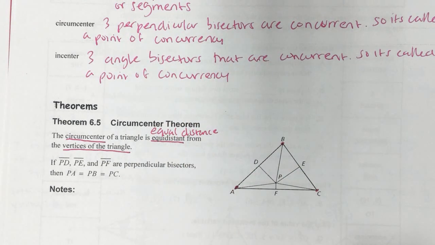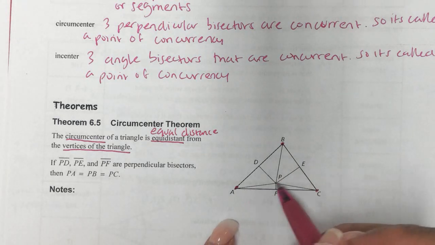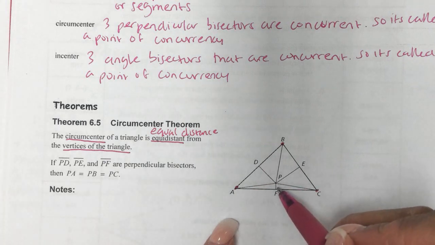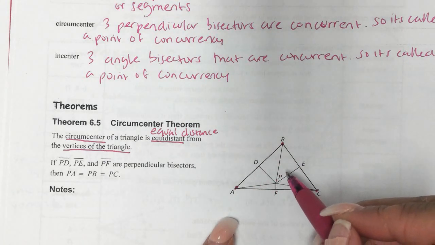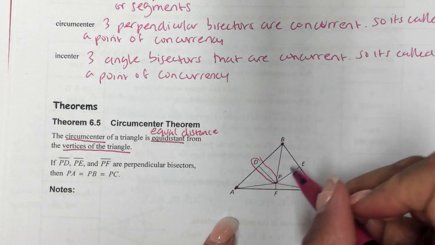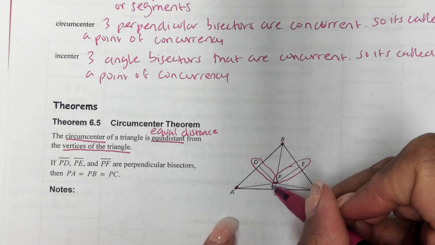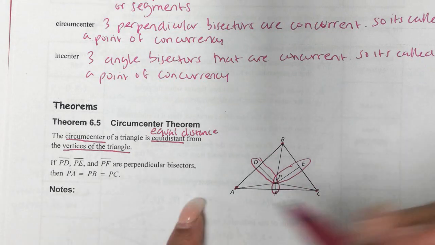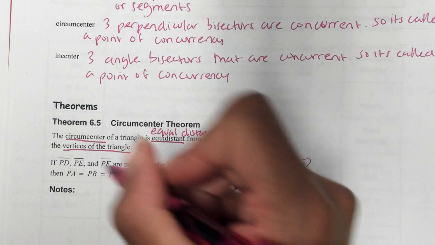So this means that if PD and PE and PF are not in line with a vertex or a point, I'm going to circle these, and when I circle these, that means these are your perpendicular bisectors.